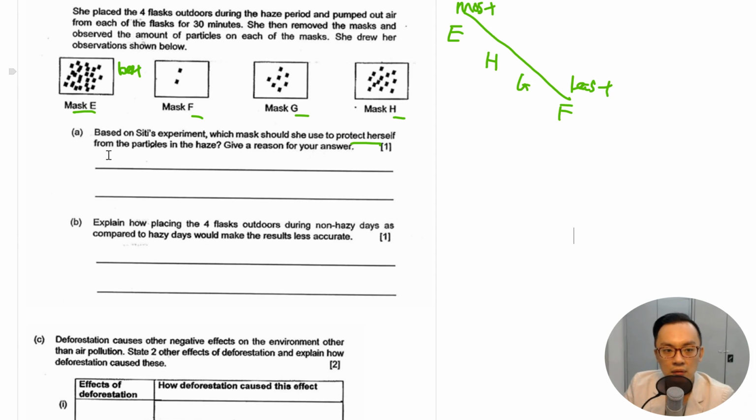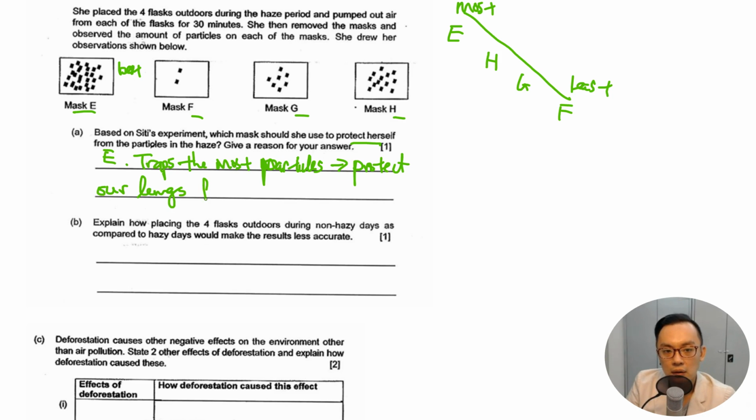All right, so I'll write down, I will choose mask E. Give a reason for your answer: because it traps the most particles and will therefore protect our lungs from the haze particles.